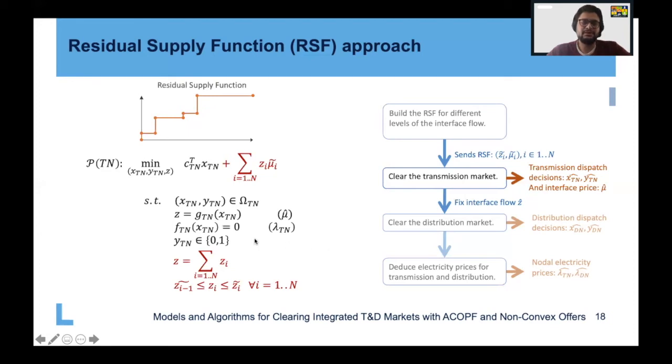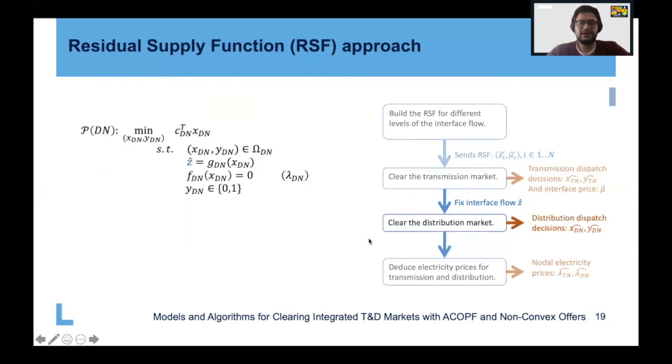To do so, we have the same problem for the transmission, and we will add this term reflecting what's going on in the distribution system. Also we discretize the flow as we did before. And now Z is a variable and needs to be determined by the transmission system.